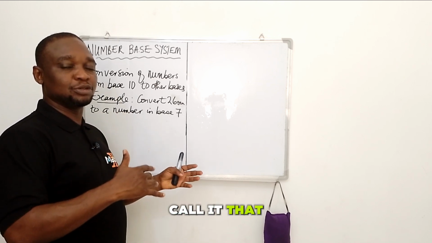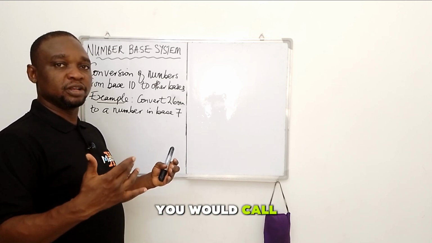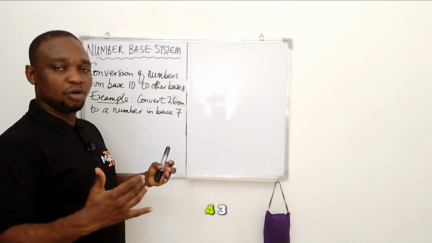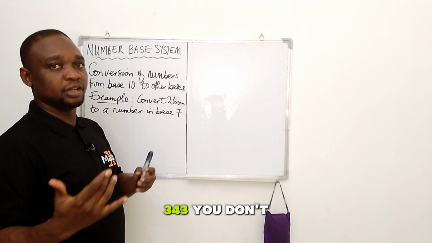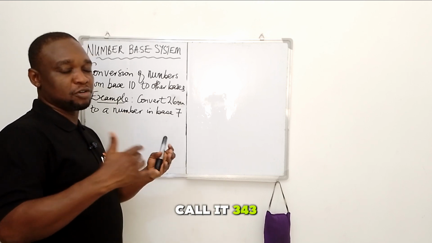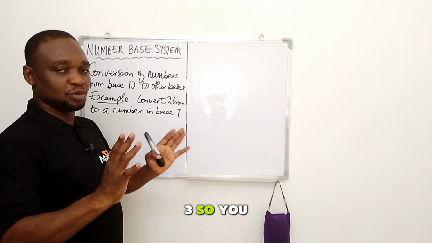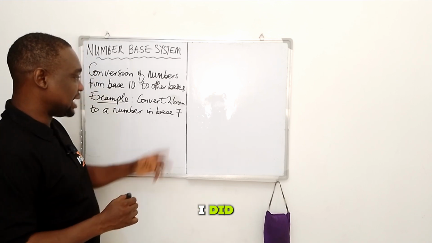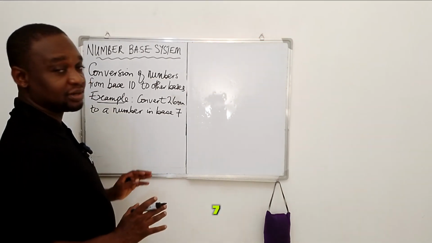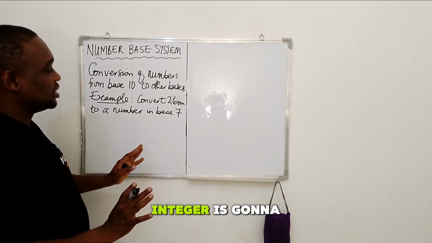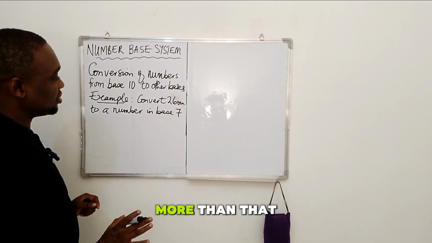You don't call it that way in base 5 or base 4. So you did observe what I did, and I'll still be observing that here. So in base 7, definitely the highest integer is going to be 6. It cannot be more than that.